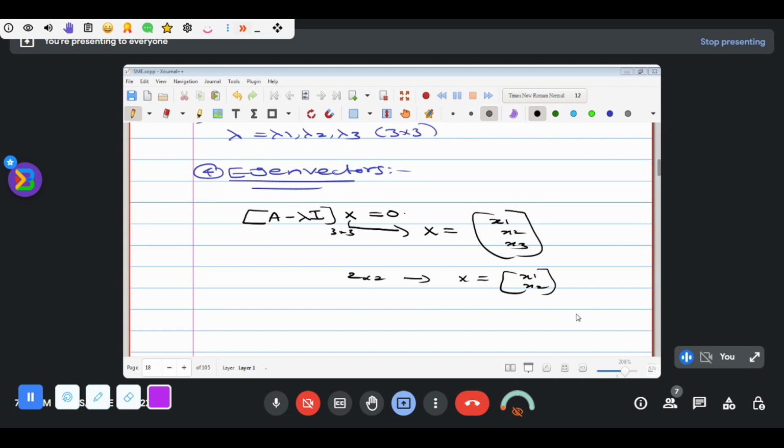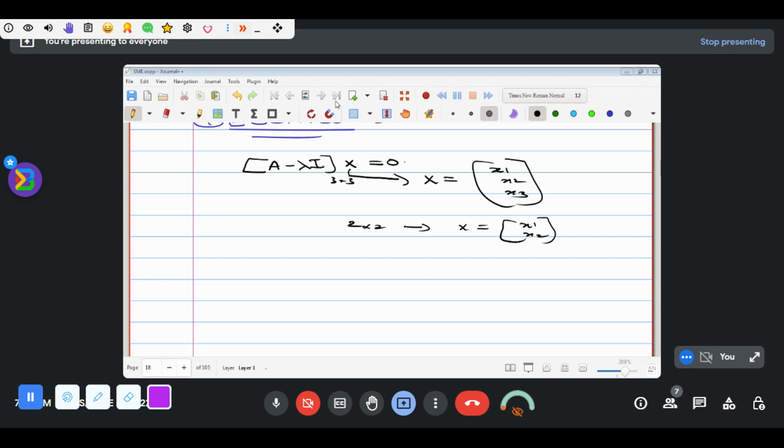If you know the basics of matrix multiplication, using this matrix simplification and eigenvector formula, you get some linear equations in terms of x1, x2, x3. For a 3 by 3 matrix you get 3 linear equations. For a 2 by 2 matrix you get 2 linear equations in terms of x1, x2.